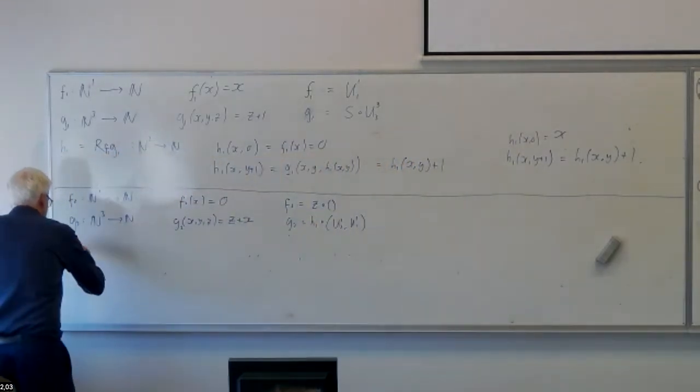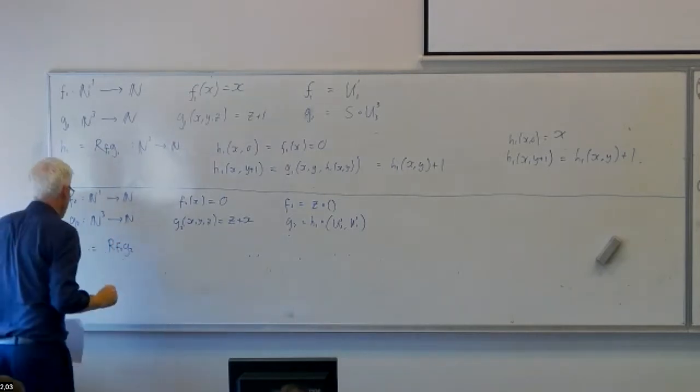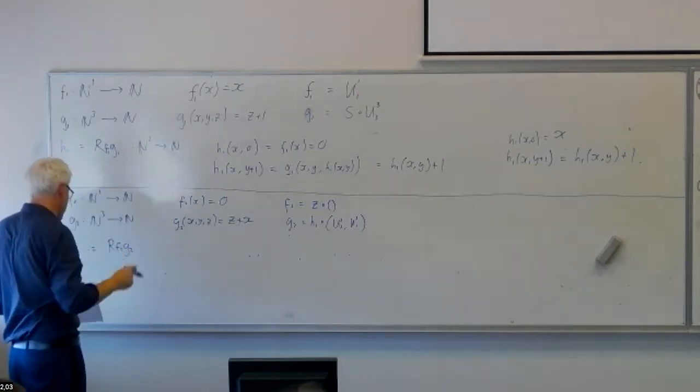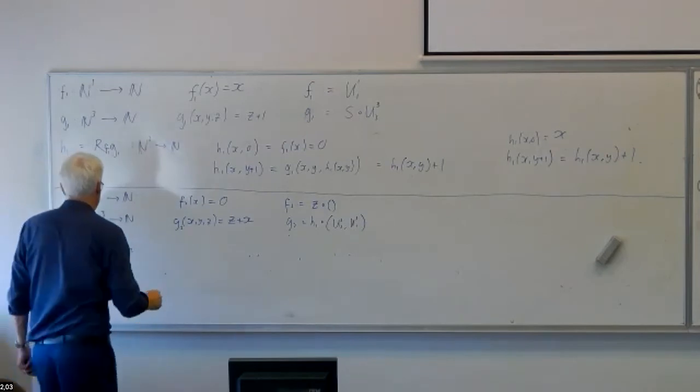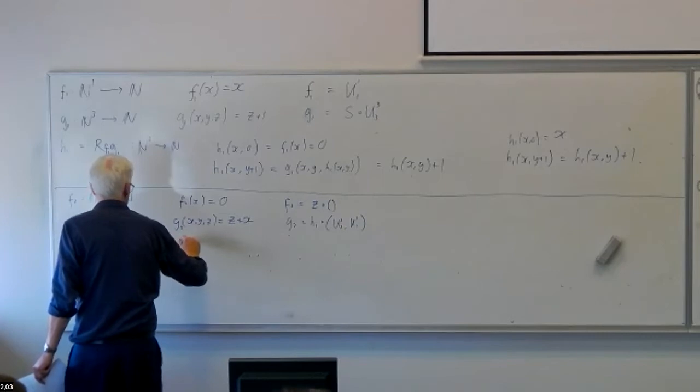And then again, we do H2. We define this to be what we get from primitive recursion by F2 and G2, and this is again a function of 2 arguments.